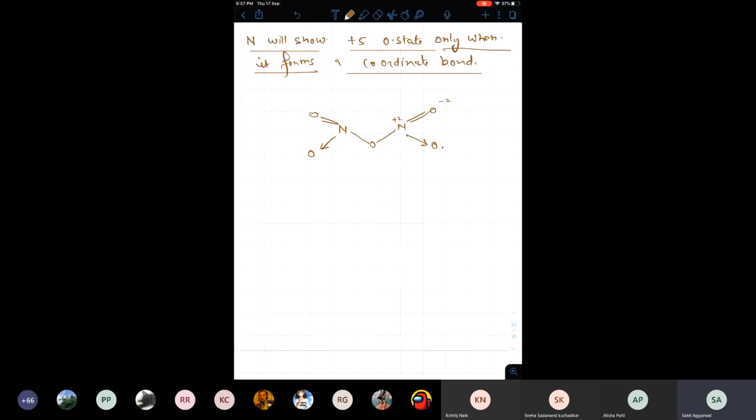This is -2, this will be +2. So it becomes +5. Nitrogen will only show +5 oxidation state when it forms a coordinate bond. Otherwise, it's not possible. Any doubt to anyone in this?